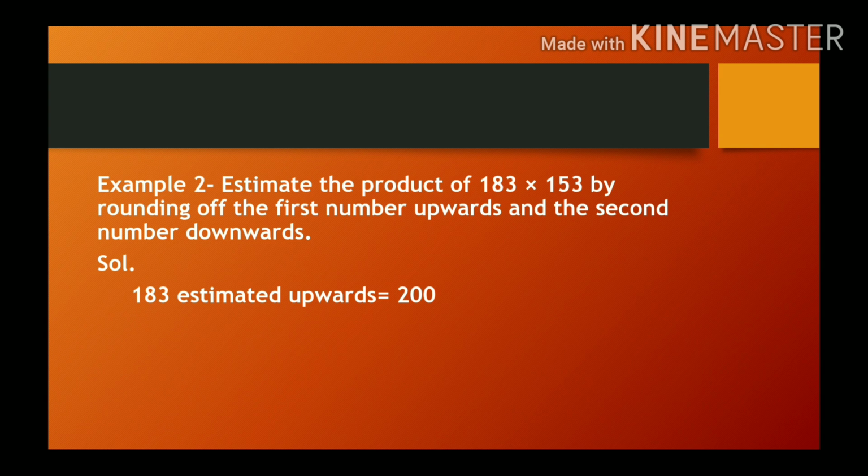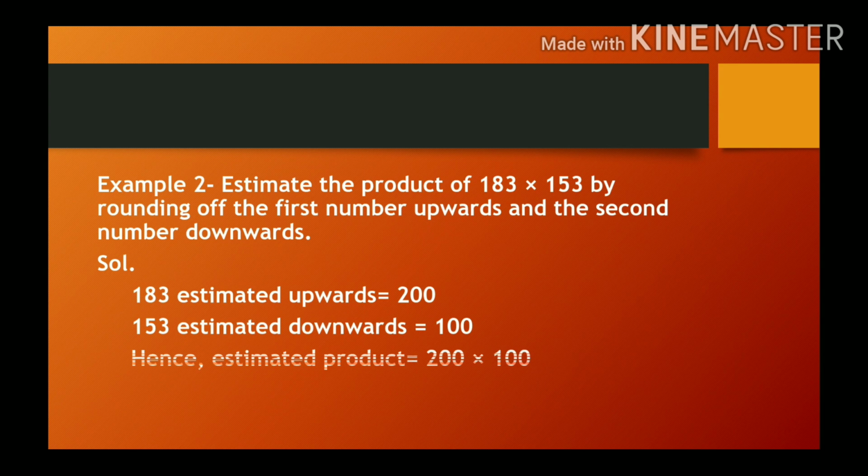So 183 estimated upward gives 200, and 153 is the second number and we have to estimate it downward. So we get 100. Hence, the estimated product is 200 multiplied by 100. After multiplying, we get 2000 as the estimated product.